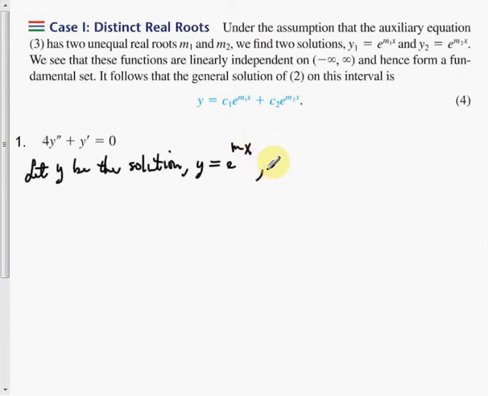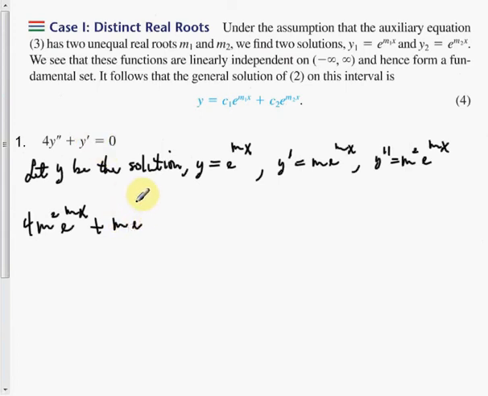And then just like from the proof that I gave, y prime is m times e to the mx. Y double prime is m squared times e to the mx. So I take this problem, this is 4, I leave it there. Y double prime is m squared times e to the mx, plus this is y prime, so m times e to the mx, equal to 0. Factor out e to the mx.